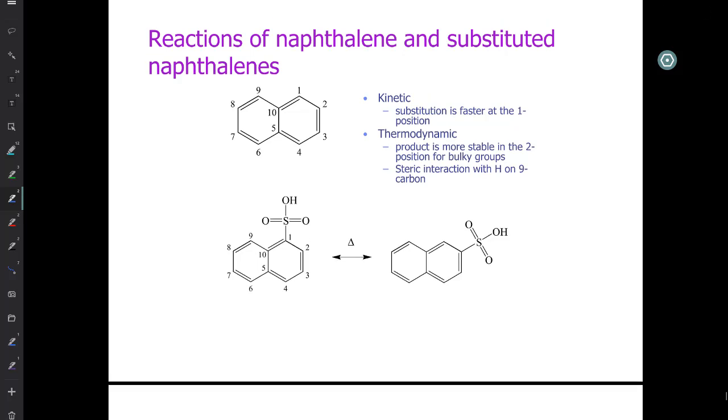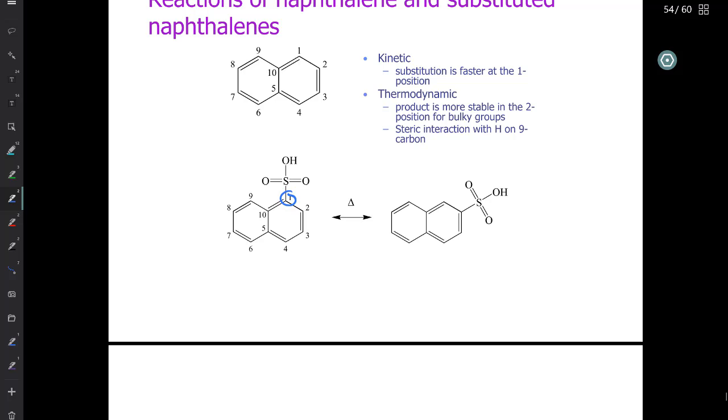An interesting thing that you can do is if you run the reaction so that you get the kinetic product, which tends to be the lower temperature reaction, you tend to get addition to the 1 position. You can take that same product and heat it, and it'll convert over to the thermodynamic position, which is in the 2 position here.